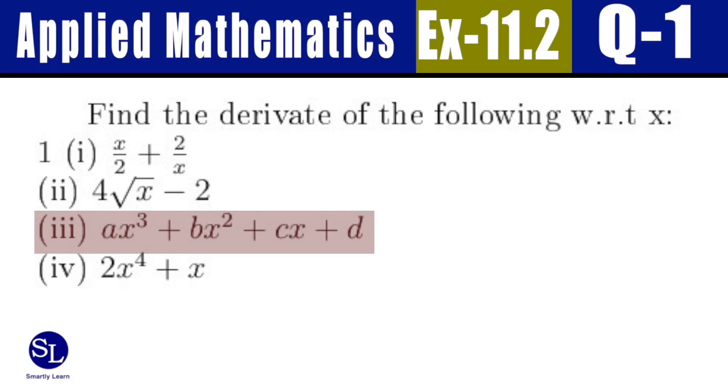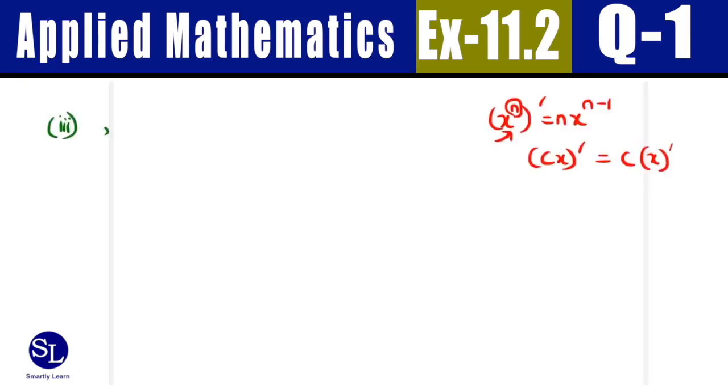Now let's take up the third subdivision. Here it is ax cube plus bx squared plus cx plus d. When I have to differentiate, a is a constant, so simply keep that outside the differentiation. So this is a into x cube's differentiation on formula application, which is 3x squared.